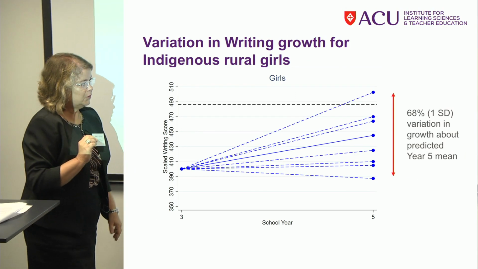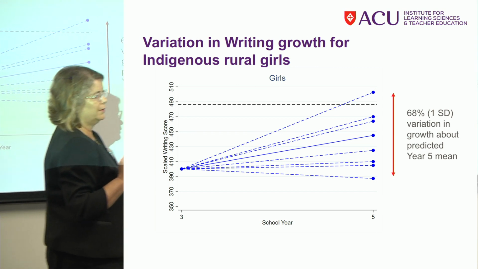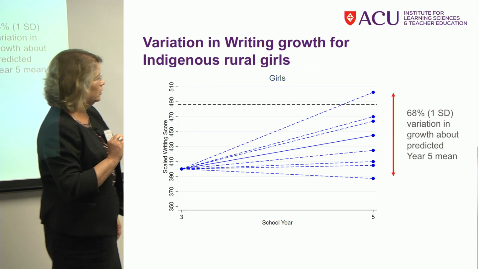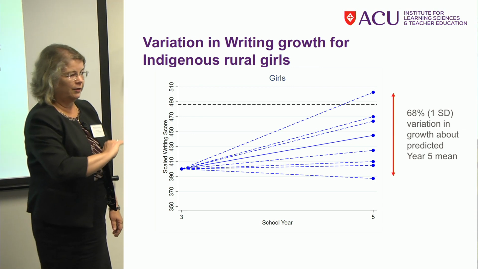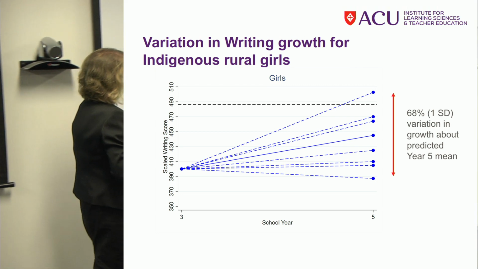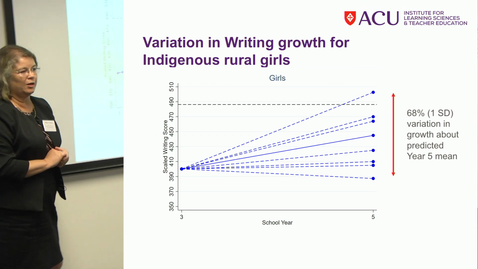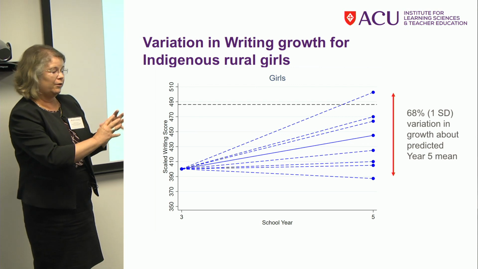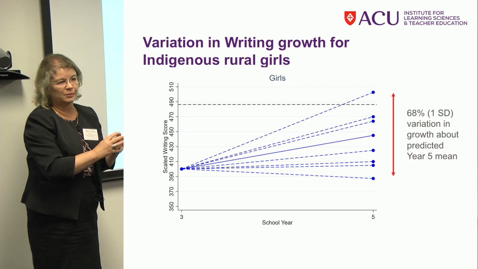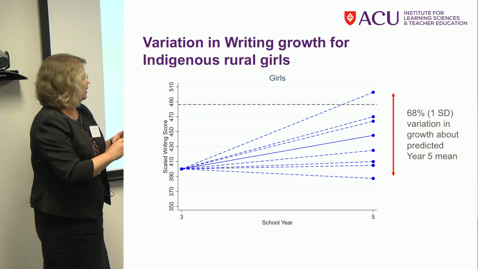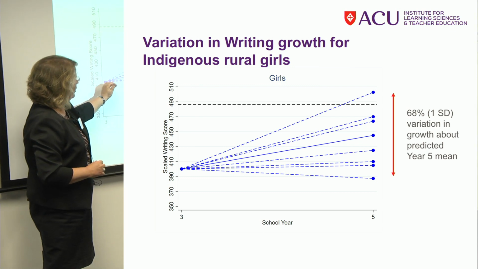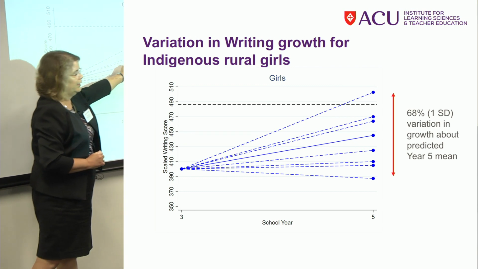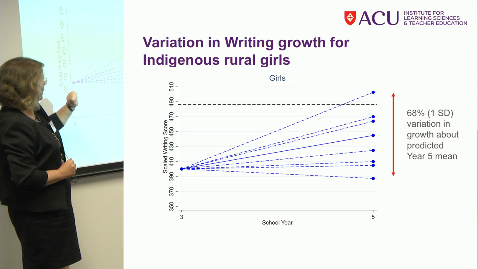Okay, so just to emphasise this issue about variation in growth for students. The solid lines that we saw before are the average growth rates, but because we have terms in our model that capture variation between students and variation between schools that aren't explained by other factors, we can actually capture that variation in growth by students. The blue line is similar to the lines on the other graph.